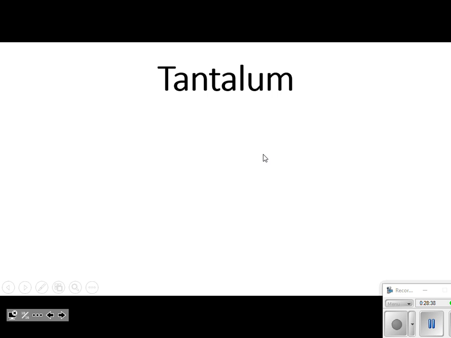Finding tantalum, it's element number 73. So, as I'm following my periodic table, follow along with me. Once again, you're going to see this is going to be redundant.